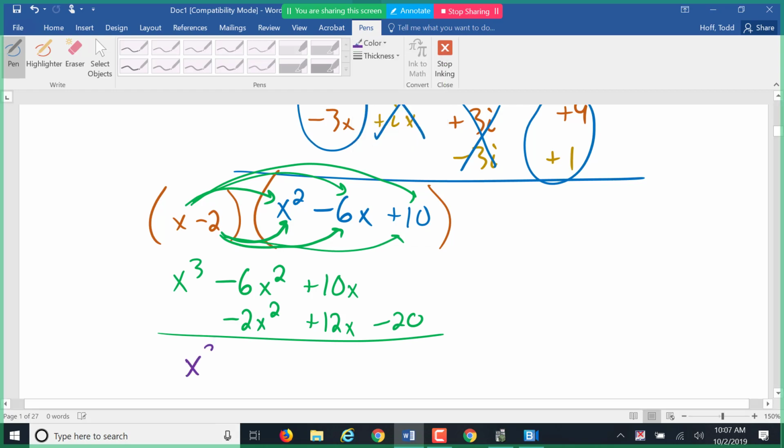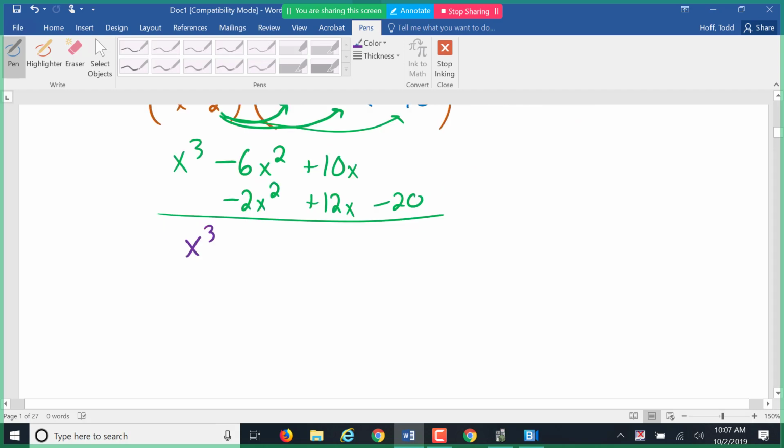So I've got x to the third. Negative 6 and negative 2 makes negative 8x squared. 10 and 12 makes 22x, and then minus 20.